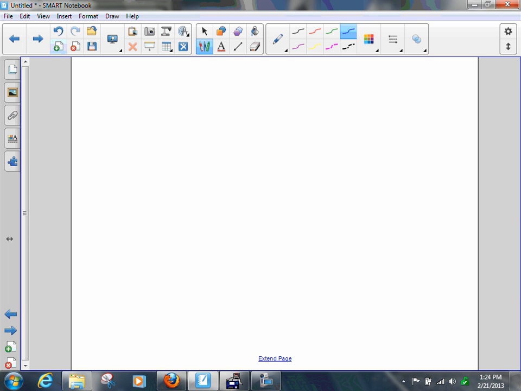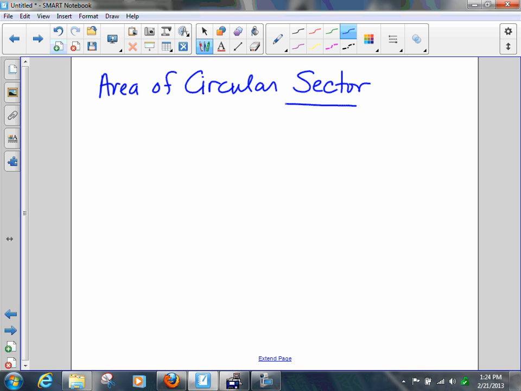Here's another one. Get your card out. Sector, area of the circular sector. Remember, this is the slice. Read the problems carefully and determine what you need to find.